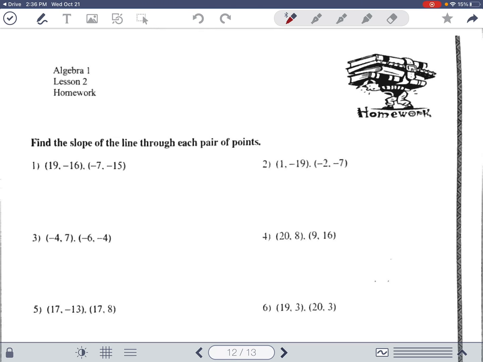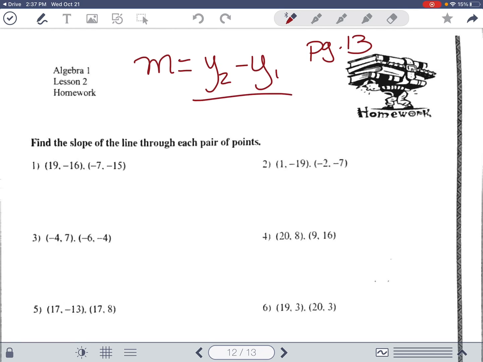On this page, I believe this is page 13. Yes, this is page 13. You have an assignment to use the slope formula, which is y sub 2 minus y sub 1 divided by x sub 2 minus x sub 1.